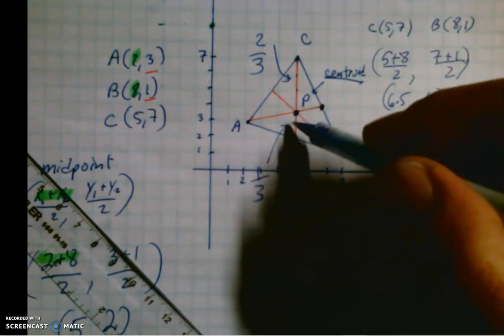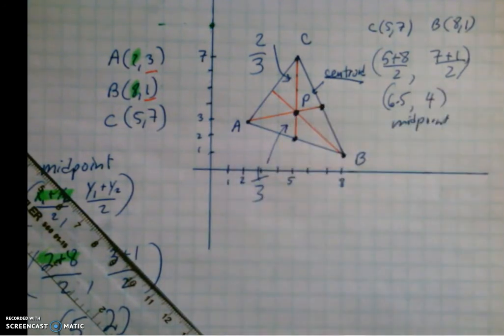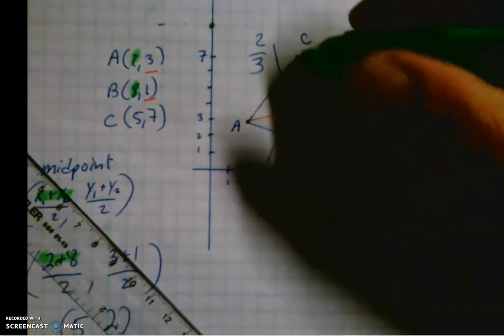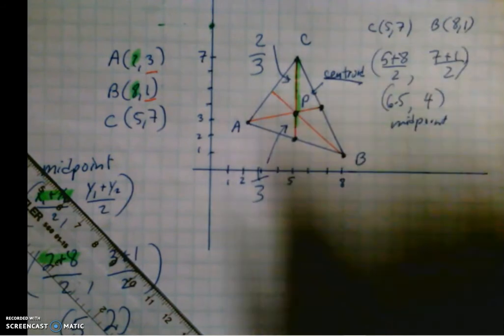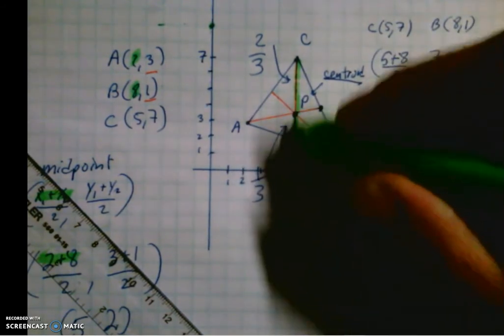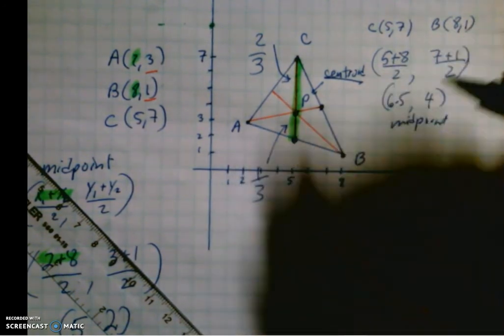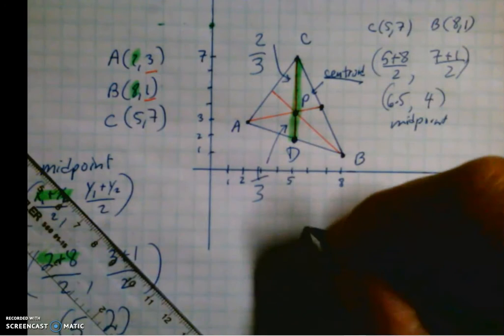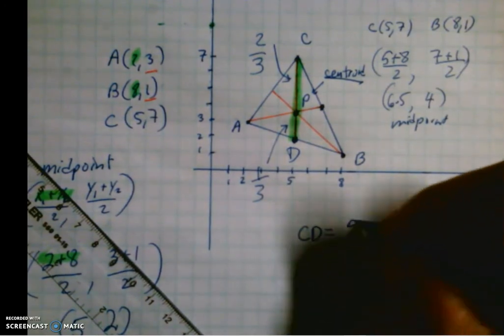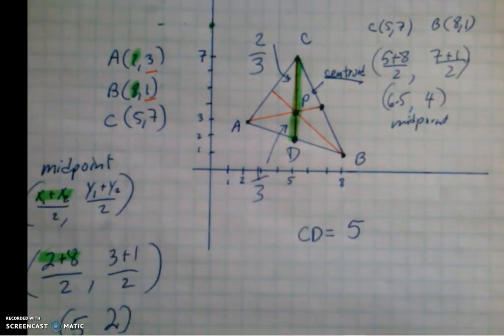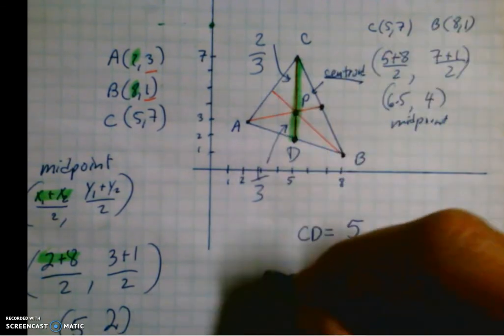The reason we have to do this is it's not exactly in the middle. What we can count, though, is from C, the whole distance is 1, 2, 3, 4, 5. A total distance of 5. So let's call this point D here. Let's say CD is 5. The total distance is 5.